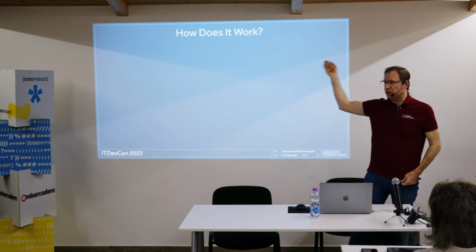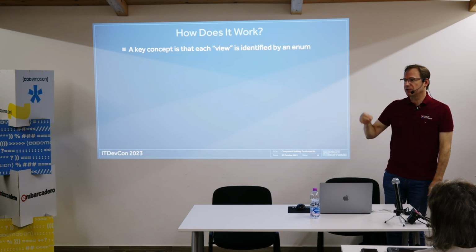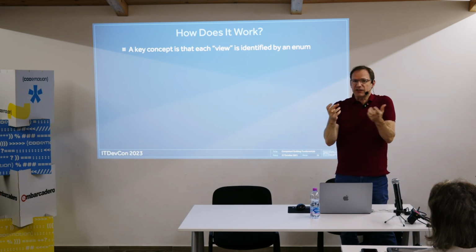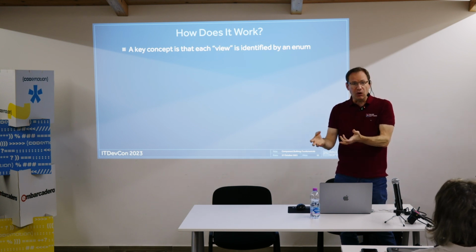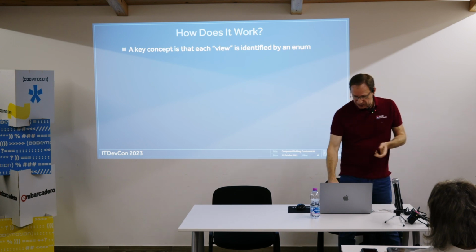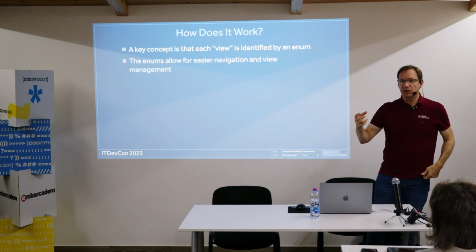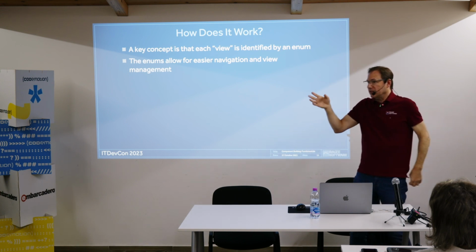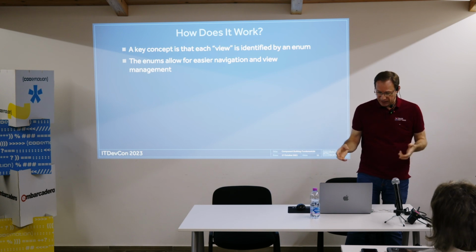All right, that was just a little bit more context. I think it'll be helpful as we talk about what we need to do. Well, the key concept is we have this idea of a view. If we can make that more formal, something more concrete that will help us manage it, that's going to be really powerful for us. I do that by creating an enum. It doesn't have to be fancy. It's just an enum that says, here's my set of views that I want to be managing.